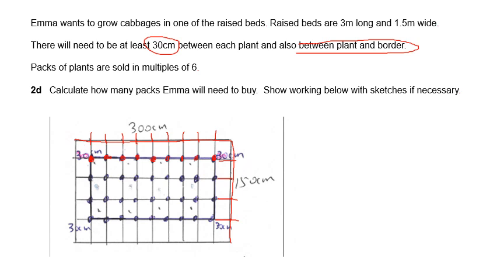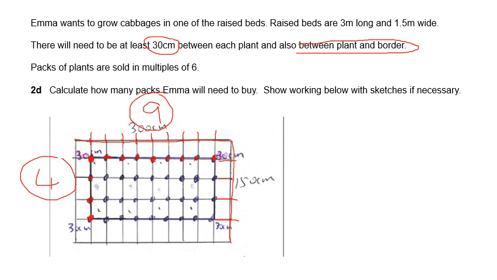Now going down, so we can see this one again, 2, 3, 4. Okay, so like I said, going down, 4 cabbage plants fit in. So 9 across fit in, and 4 going down fit in.